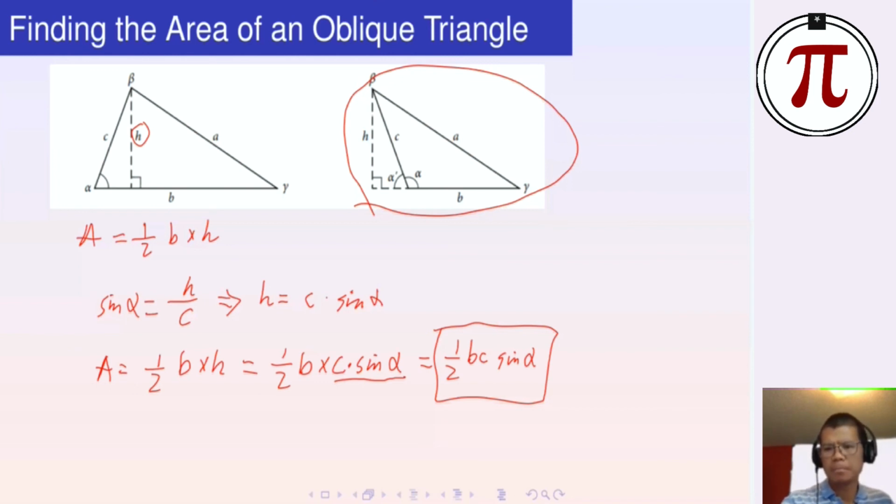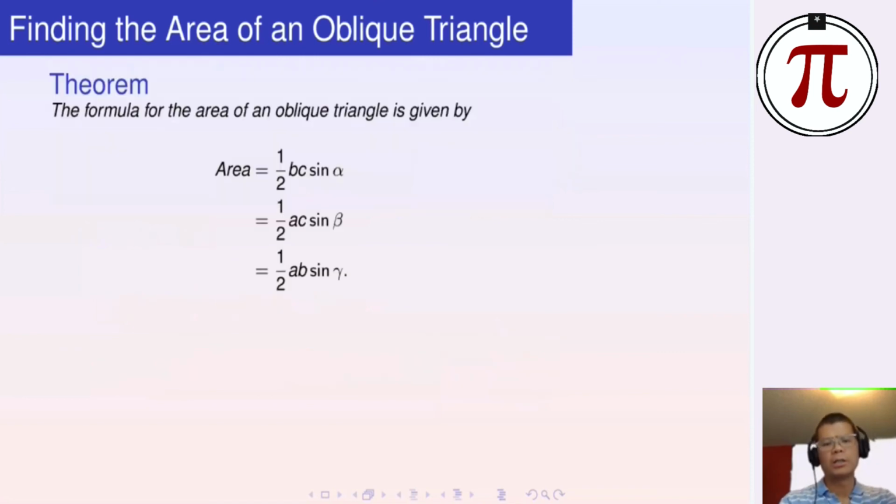So it is 1/2 times two adjacent sides b and c times the sine of the angle between them, right? Okay, so either way will be fine. So that's the formula of the area.